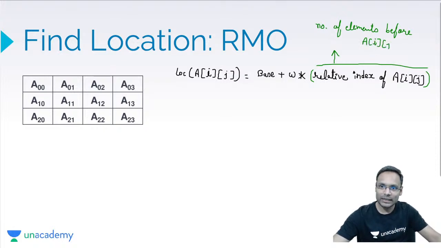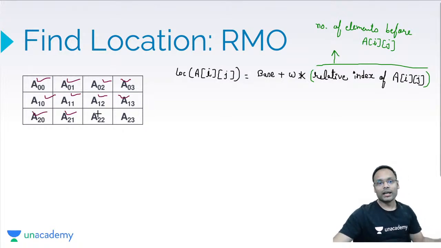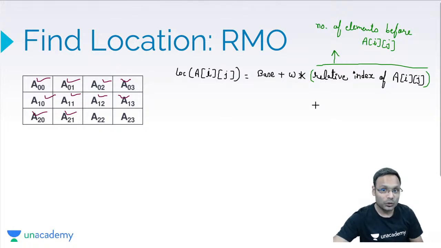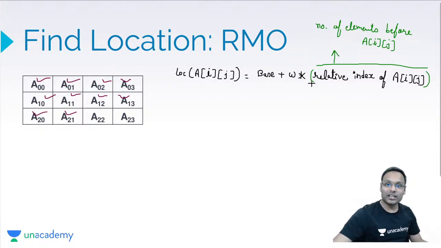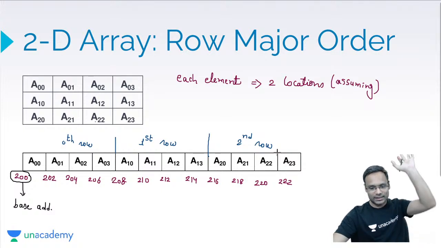That is the relative index. Look at this. If you are storing row wise, 1 2 3 4 5 6 7 8 9 and 10 elements are there before A of 22. If 10 elements are there, each element taking 2 locations, W is 2. 10 into 2 plus base address 200, 220 is the address.